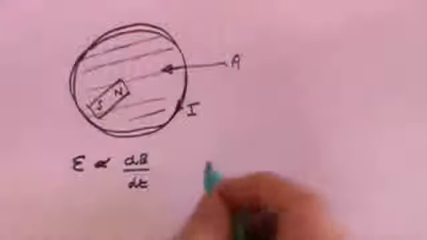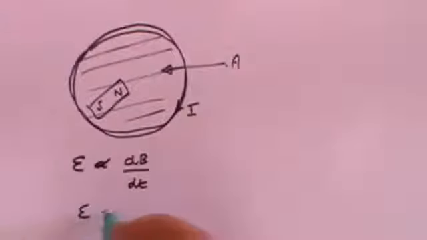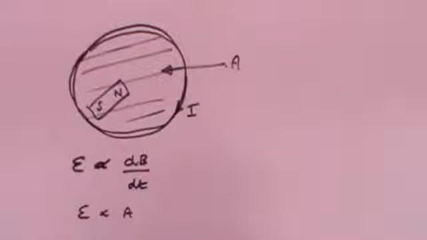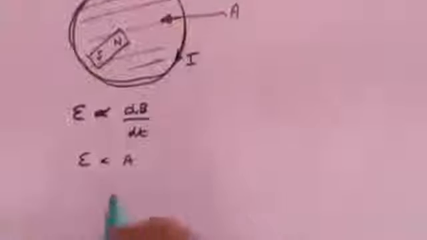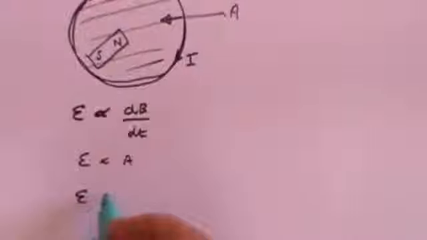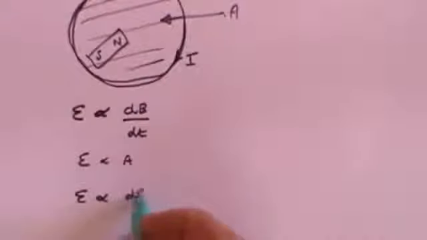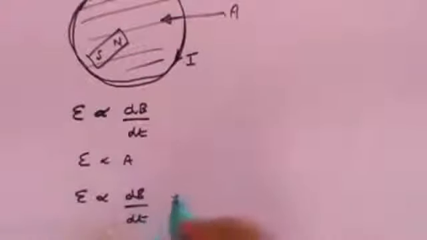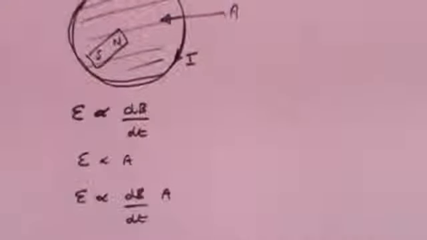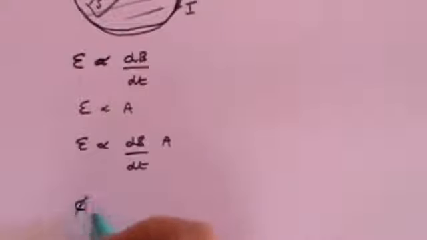So you can also say that E, the EMF, is proportional to A, the surface. And so we can say that the total EMF is proportional to the change of the magnetic field times the area.